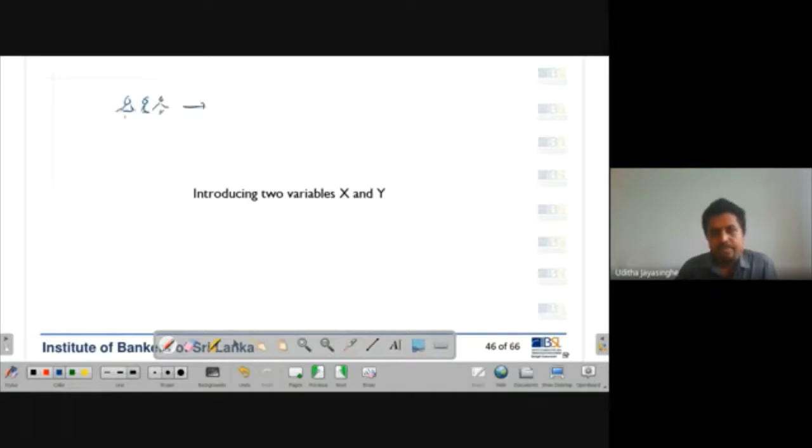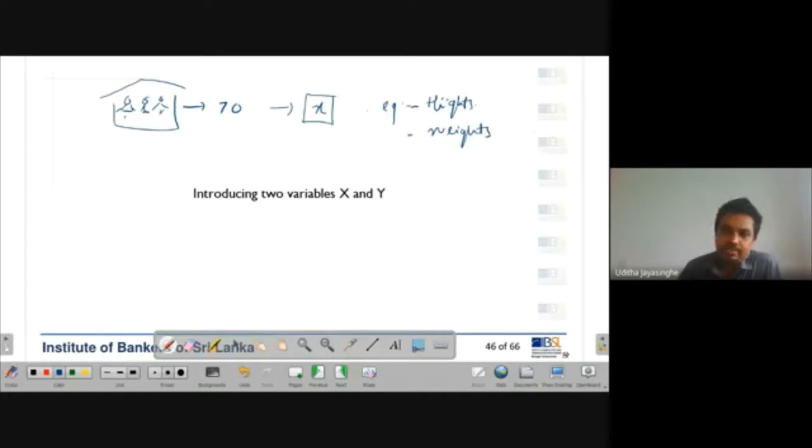So far, what we have discussed is a single variable x. What are those examples? Let's say heights, weights, likewise measurable single variables.